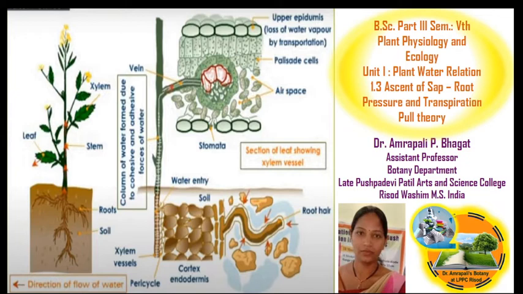The capillary water is absorbed by the root hairs, and then the root transfers that water towards the aerial parts. Roots are the underground part, and above the soil there are aerial parts like stem, leaf, fruit and flowers.